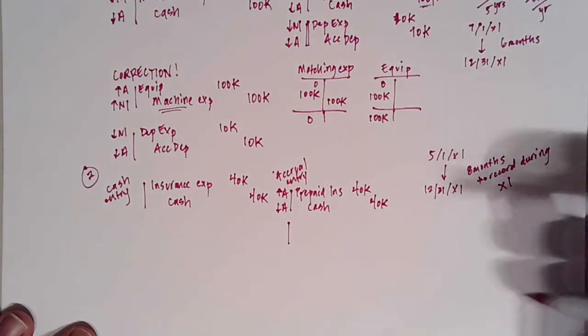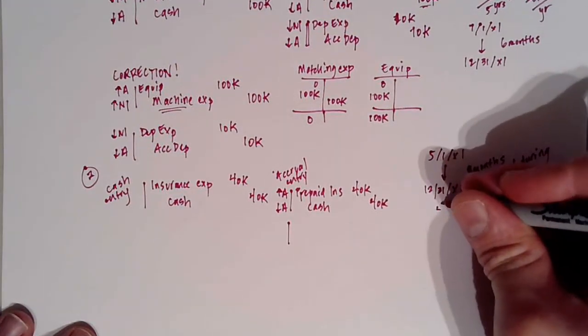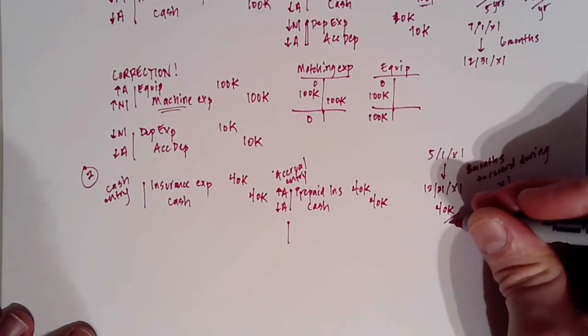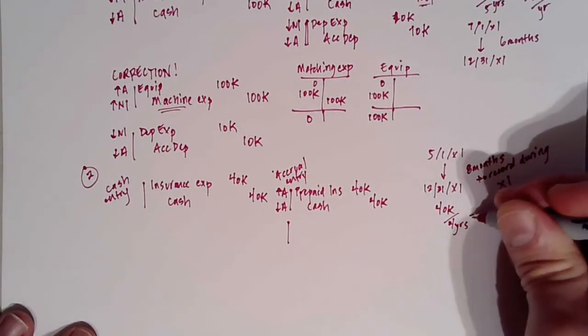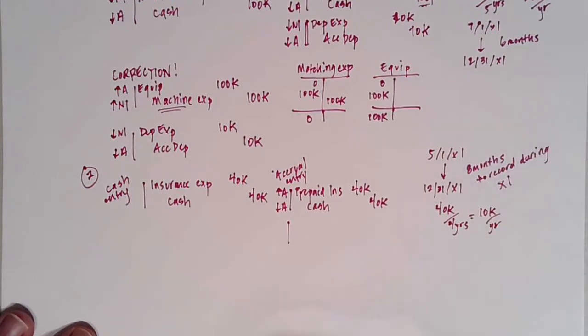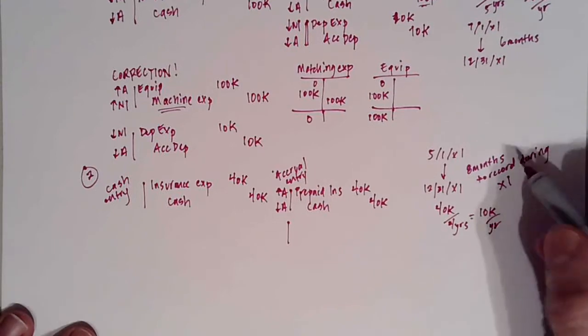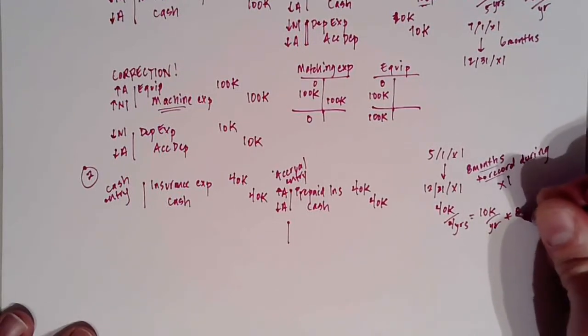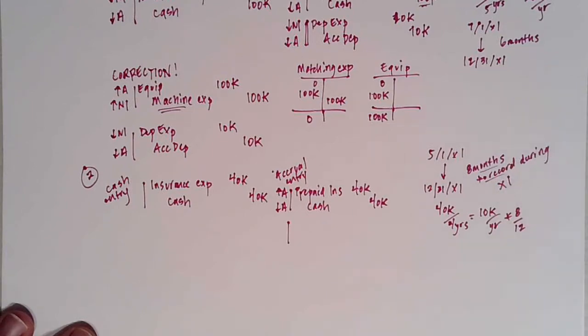So in order to figure out that, I'd say, all right, well, 40,000 represents 4 years. So that comes out to 10,000 per year. Now, we're not talking about the entire year. We only want to record 8 months. And so we multiply that by 8 over 12 to figure out how much we want to actually have during this year.